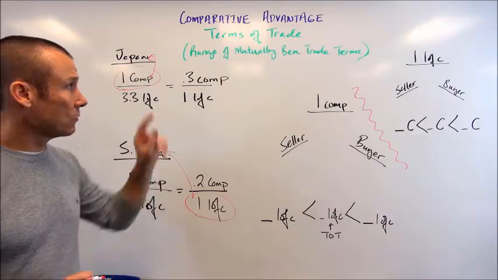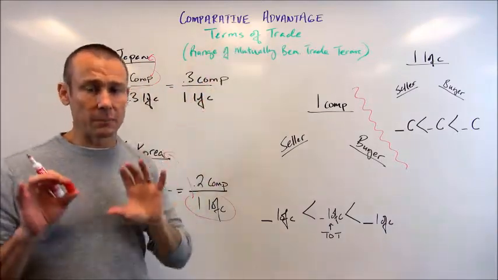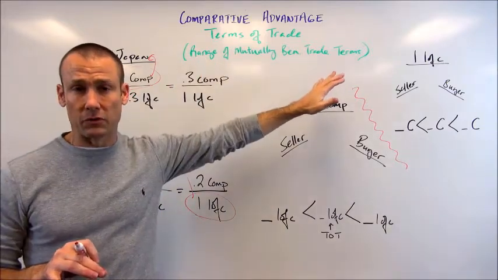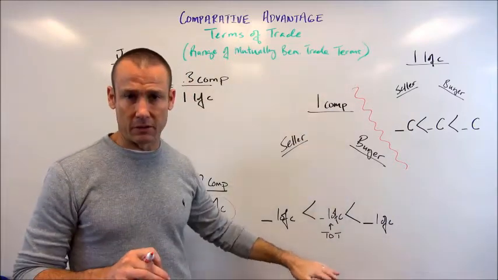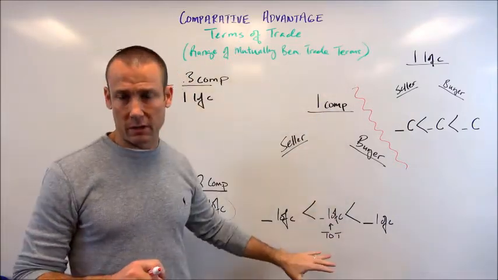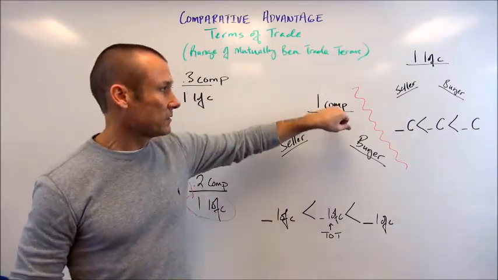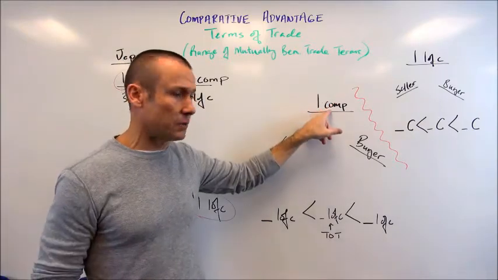With that said, we're ready to move on. We're ready to find a possible terms of trade and the range of mutually beneficial trade terms. So what I've done is just set up a little bit of a template here. There was no brain work that went into this. This is just a template you can always use. What I did is I basically just picked a good. In this situation, computer. I could have just as easily put lines of code.